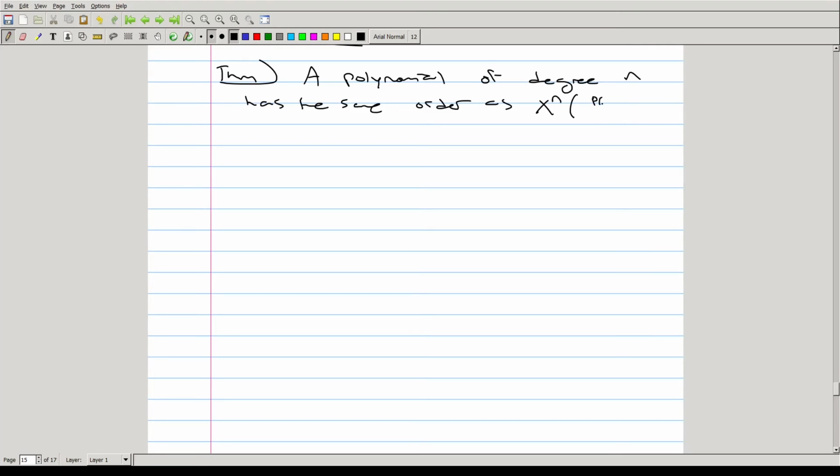We could say that p of n, that's the polynomial, is of the same order or has the same order as the highest term in the polynomial, or we could say that p of n is big theta of x to the n.